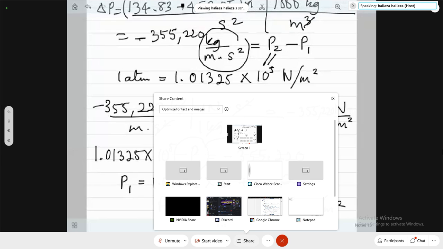So if you calculate that, let me do the calculation. 101,680.22? Huh? Cannot be. The answer in the textbook is 4.56 times 10 power 5.